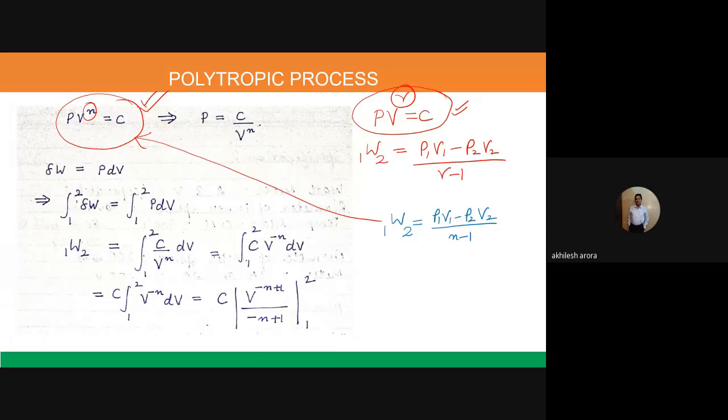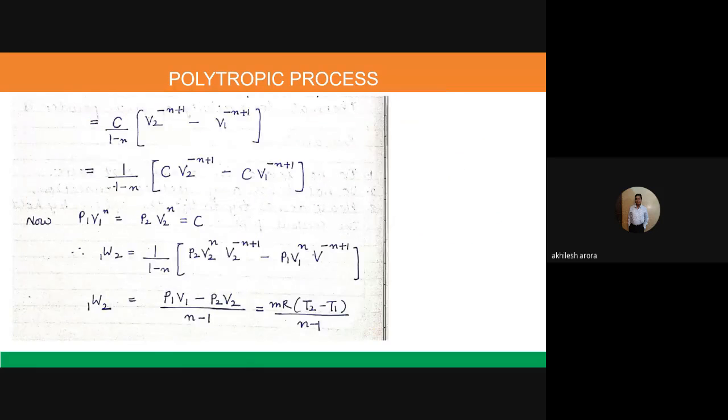So now we have derived the expressions of work transfer for 5 processes. So I will write them here. The first process was volume is equal to constant, and the value of work transfer in that particular case was equal to 0.